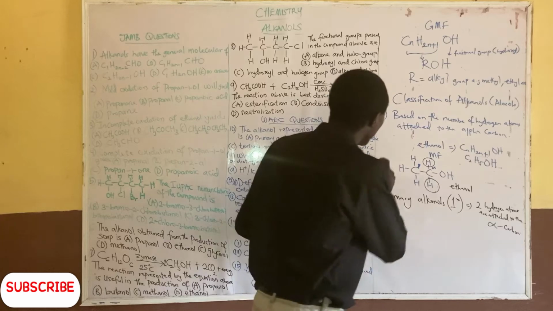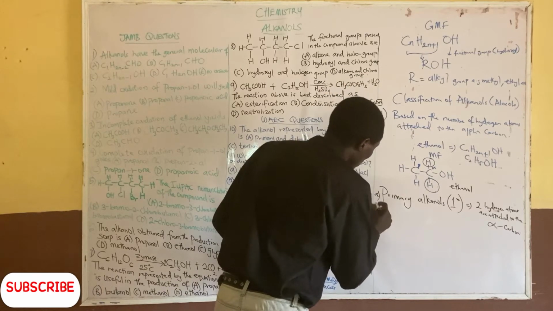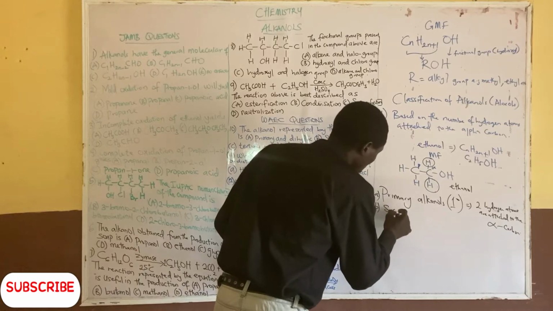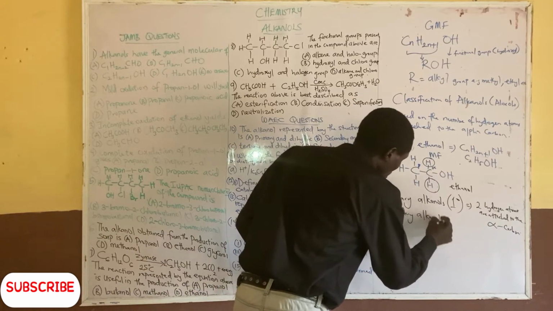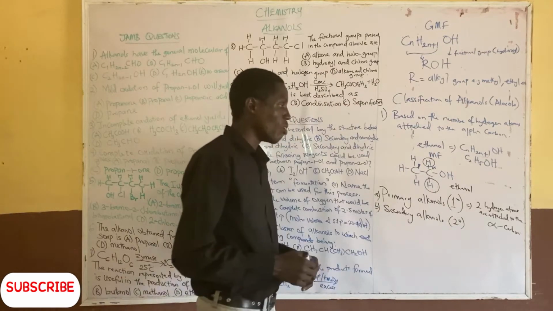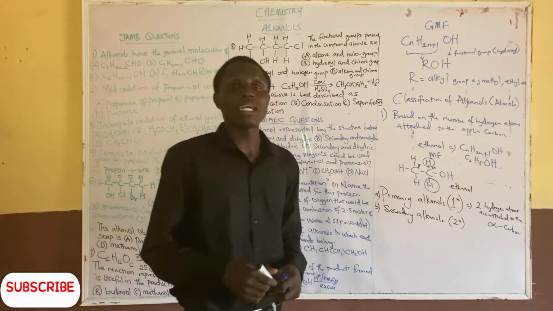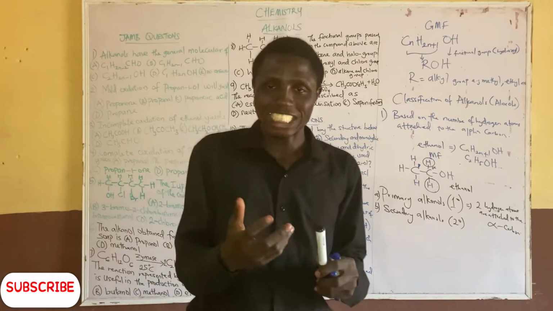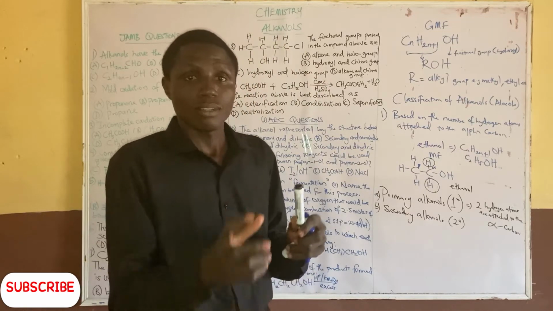Now, the second one under this classification is secondary alcohol, or alkanols. And know that one of the characteristics of primary alkanols is that when primary alkanols oxidize, they give aldehyde.